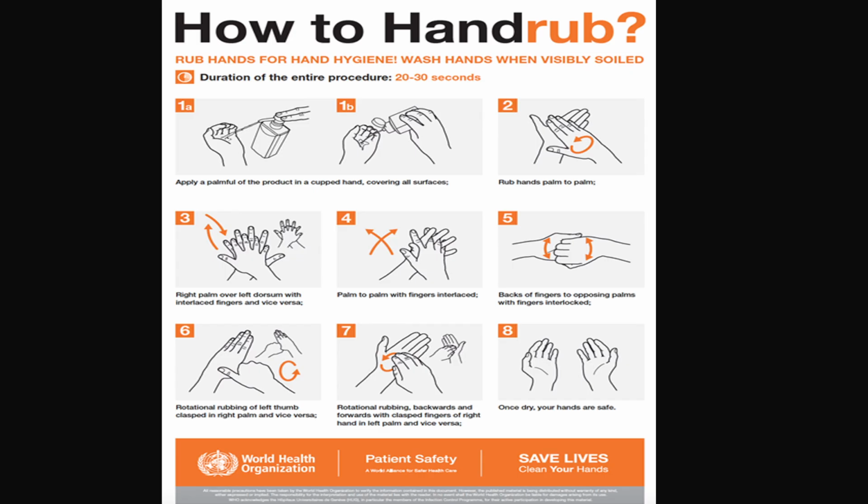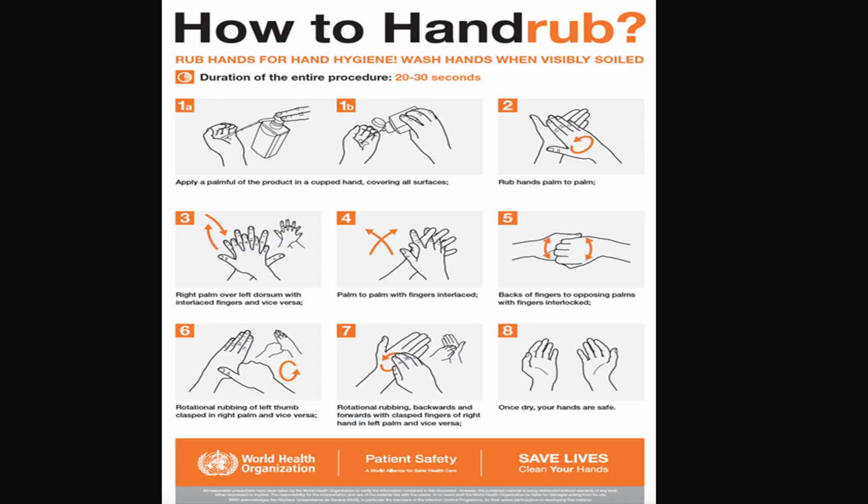Then first rub palm to palm, and then interlacing of the fingers, first right hand above, then left hand above, and then finger interlaced, followed by back of fingers with opposing palms, then knuckles, thumb, and again the fingers with the palm, then ultimately allow it to dry. The whole procedure should last not more than 30 seconds. It should be over within 30 seconds.